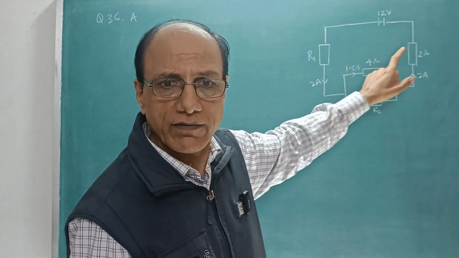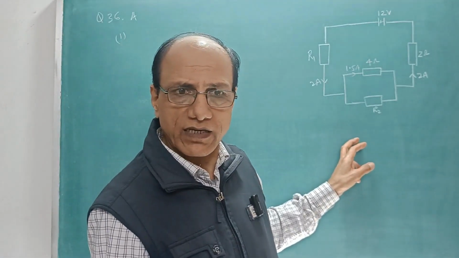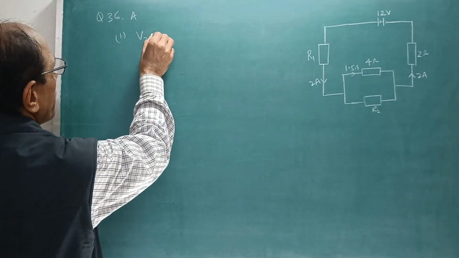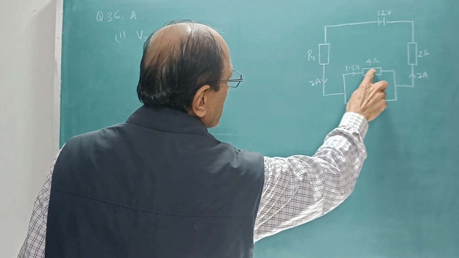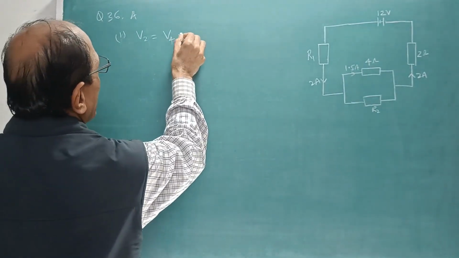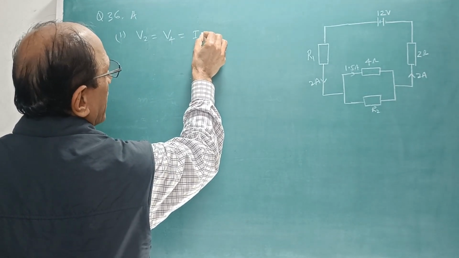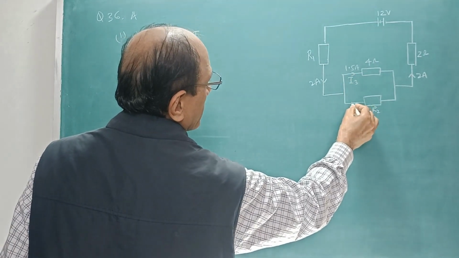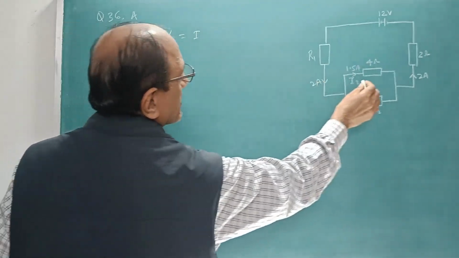So we have to find first potential difference across R2. So V2, let us say that V2 is the same as potential difference across the 4 ohm resistance. Let us say V4. So that is I into R. Suppose this is I3, this is I2, and this is V3.